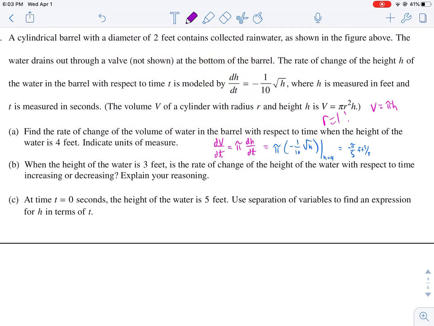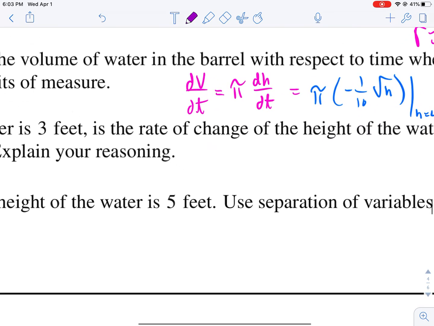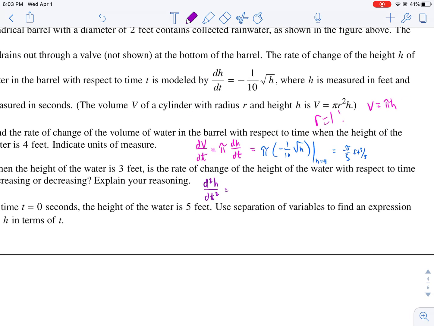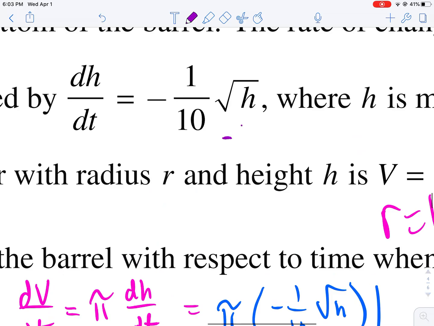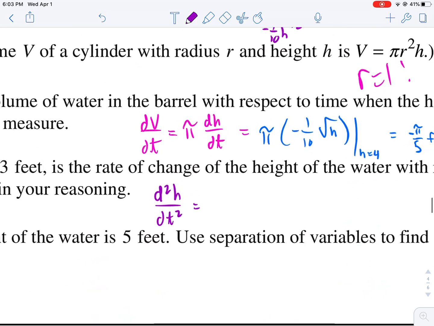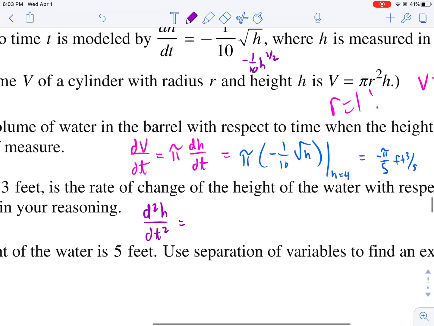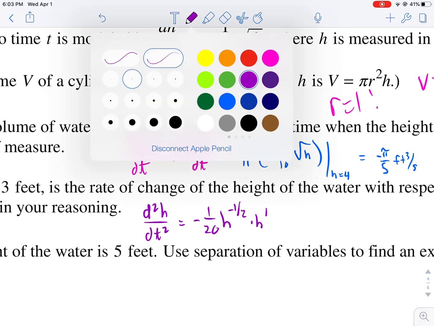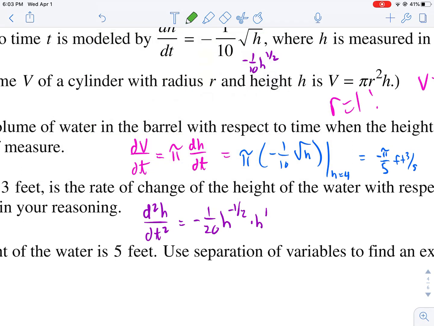So we're going to find the derivative of dh/dt, and that's going to be, rewriting this as negative 1/10 h to the 1/2, you do power rule, bring down your 1/2, times the negative 1/10 will be negative 1/20, h to the negative 1/2, but then times h prime, because of chain rule.